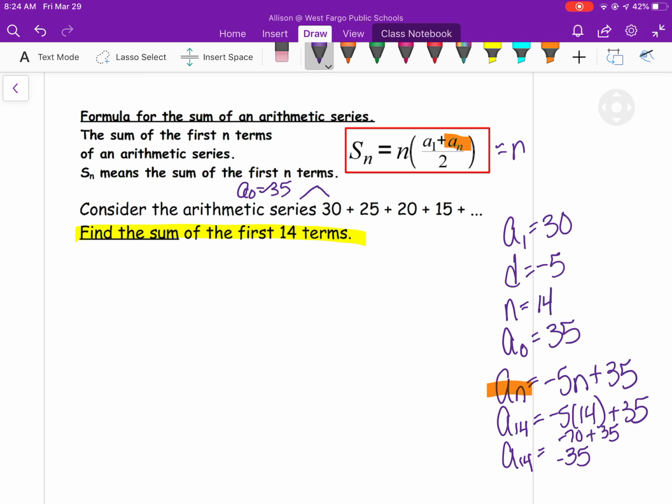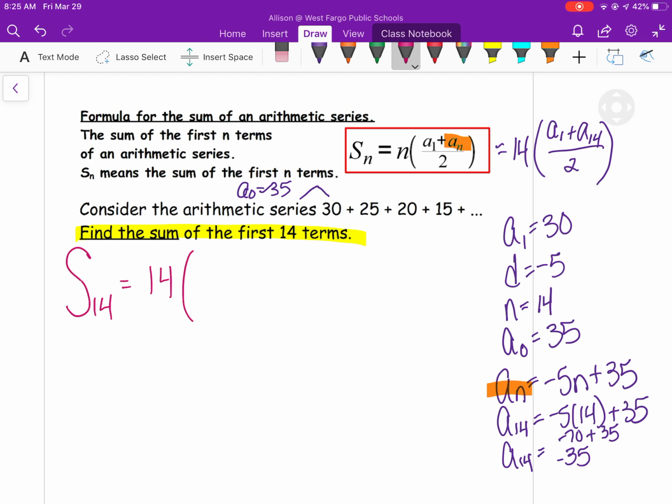So up here we're going to have n, and then it'll be a sub 1 plus a sub 14 all over 2. So I can use the sum of the 14 terms, plug in 14 for n. The first term was 30.